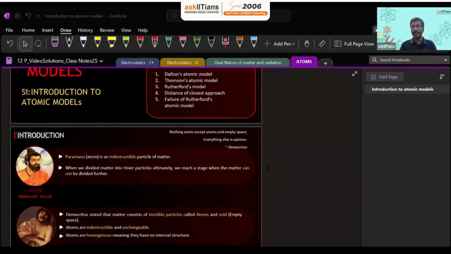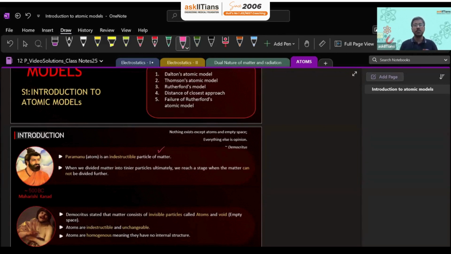That was called the atom, the indestructible particle of matter, or in Hindi, Parmanu. When we divide matter into tinier particles, ultimately we reach a stage where matter cannot be divided further.